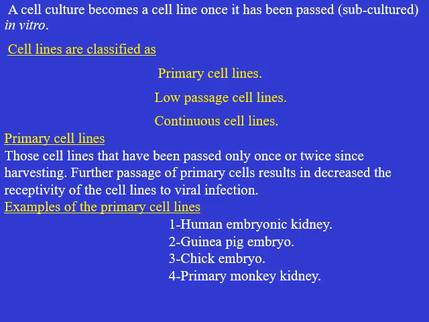Now we have a term, a cell line. A cell culture becomes a cell line once it has been passed. This means subcultured in vitro. So once the cell culture is passed, subcultured in vitro, it will become a cell line.